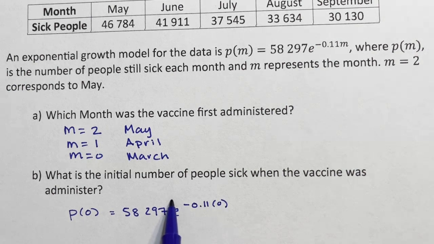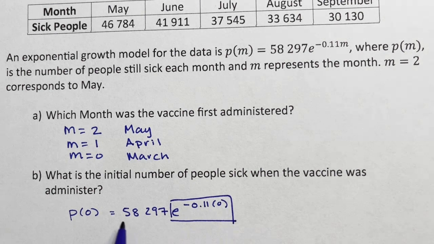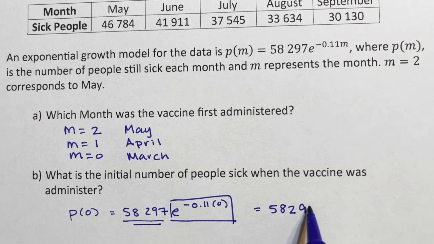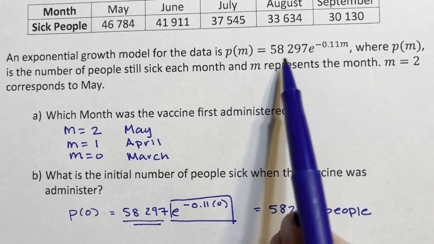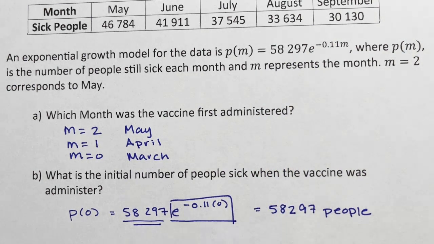But when you take an exponent to the power of 0, this is going to equal 1. So this number is our initial value. We don't even need a calculator for that. So we end up with 58,297 people. We didn't really need to even write down all of that. The equation gave us our initial value right there, which was kind of nice.